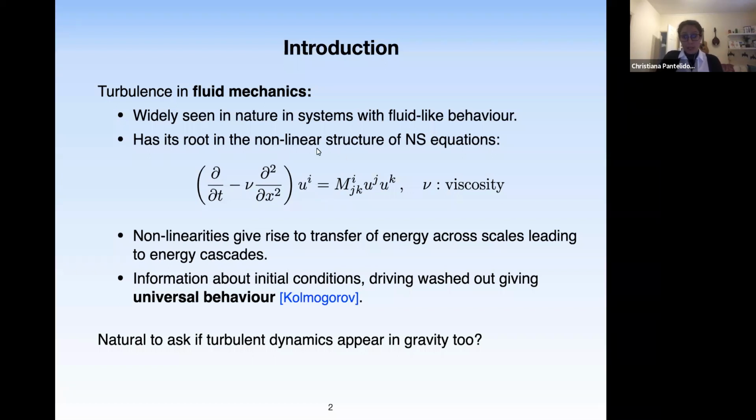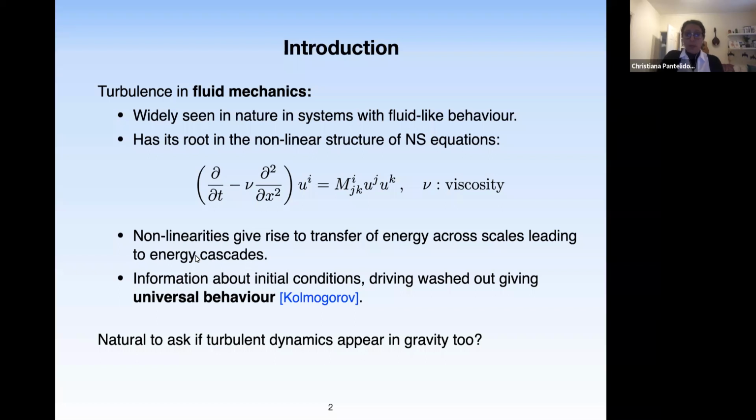As you can see, this is just a schematic. On the right-hand side, we have a nonlinear term. It's precisely because of this nonlinear term that we have transfer of energy from one scale to the other, and eventually get the famous energy cascades in turbulence.